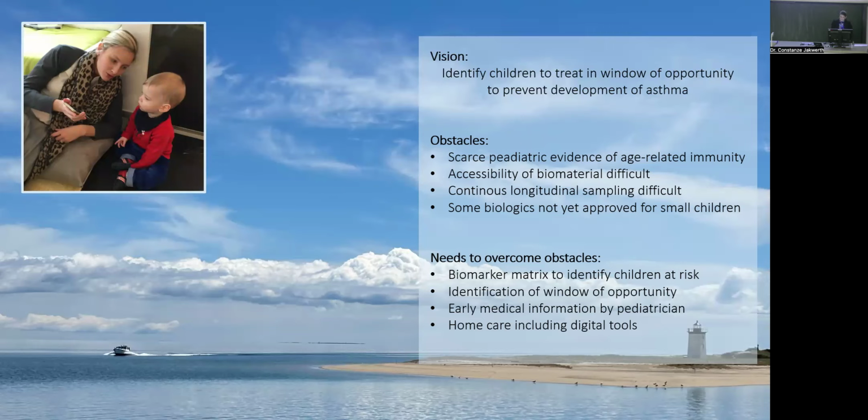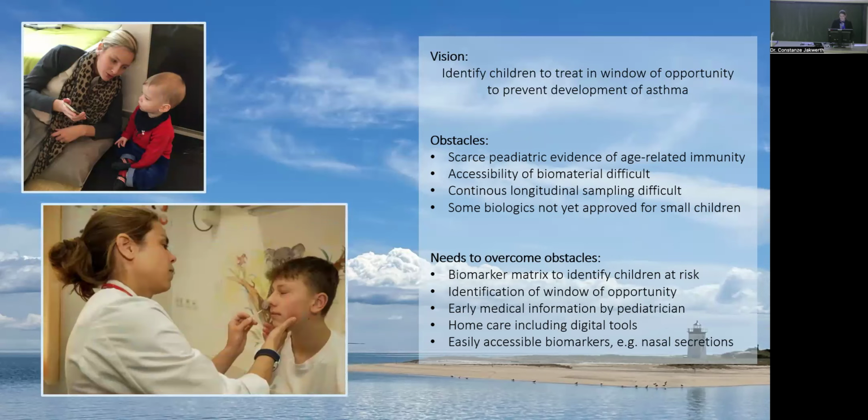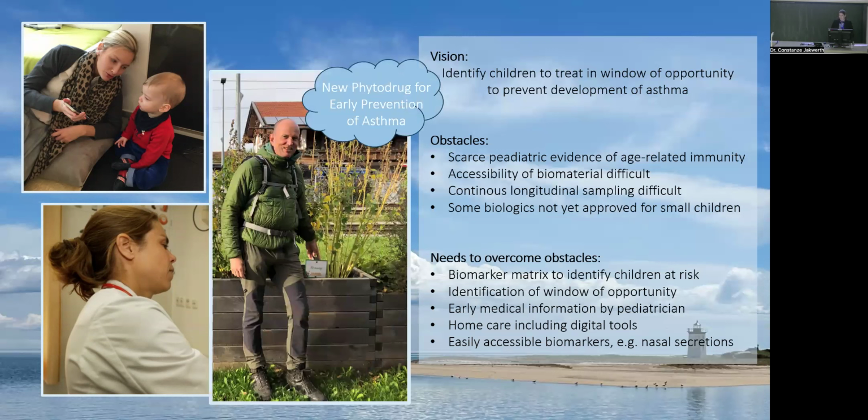We need home care, including digital tools like apps. We need easily accessible biomarkers, for example, nasal secretions, and we dream of a new drug for the early prevention of asthma. And I think this is where I would like to close.